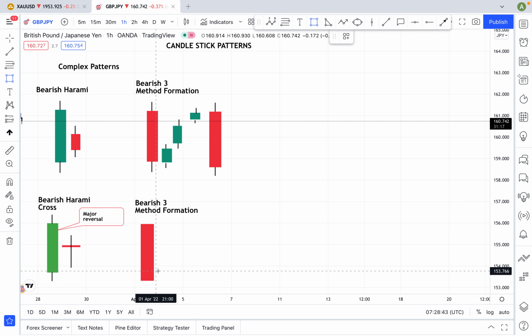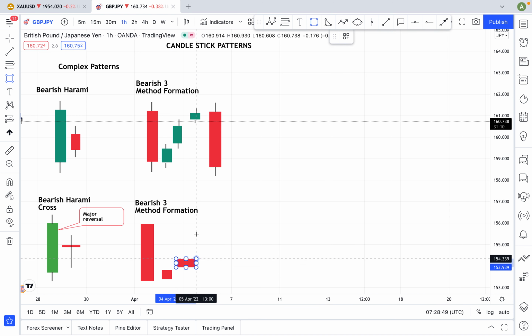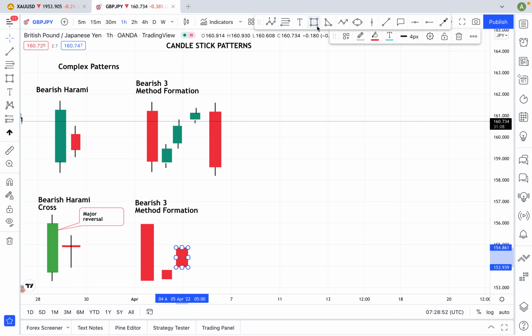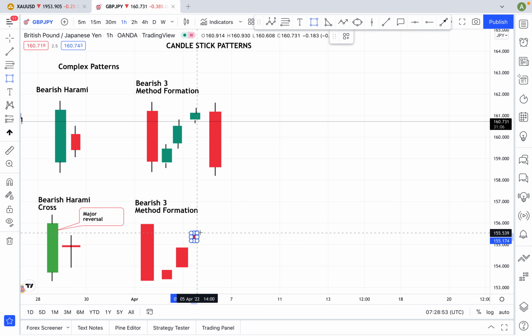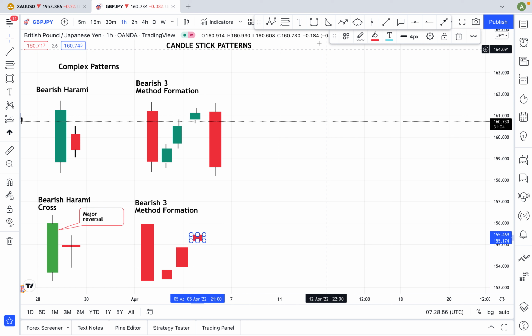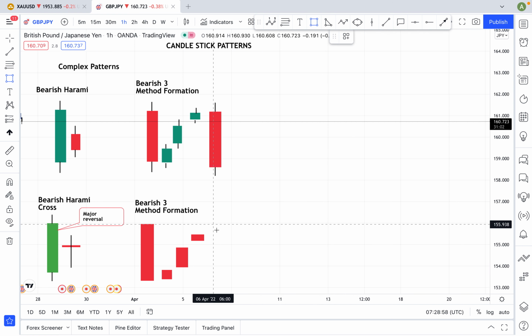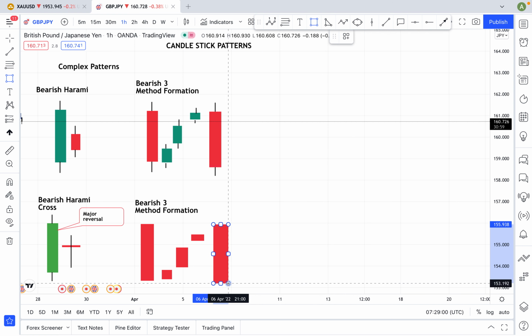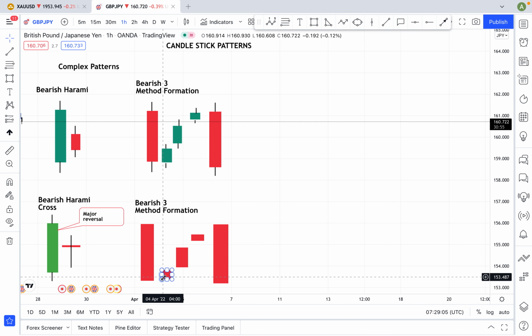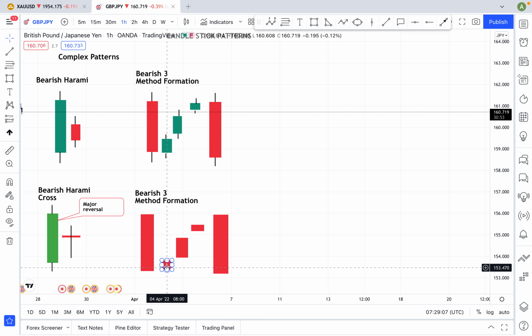I would like to draw this faster. We have the first one, the second one, and the third one, which is the smallest one, and then we have another candle here. Now that I've drawn it, can I move this?